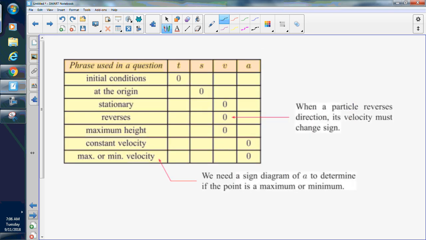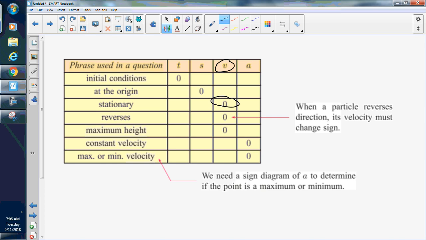Here's a table that tells you different things. For initial conditions, we put 0 in for t. To find out when a particle is at the origin, you set your position function equal to 0. To find out when a particle is stationary, set velocity equal to 0.